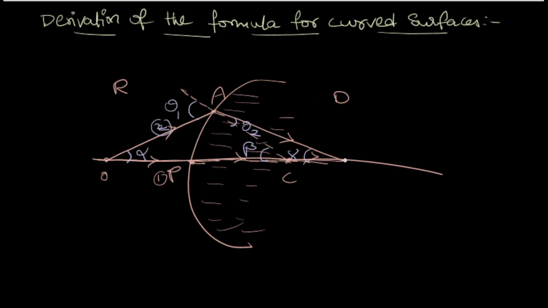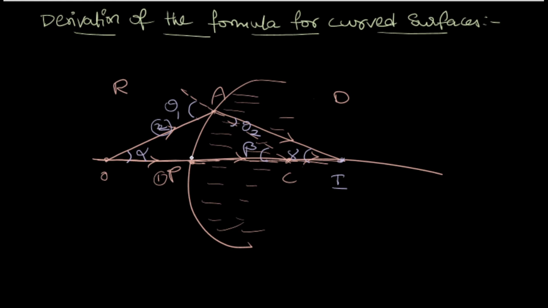Here we have the image. Why? Because rays 1 and 2 after refraction meet at this point. Therefore, we have the image at this point only.